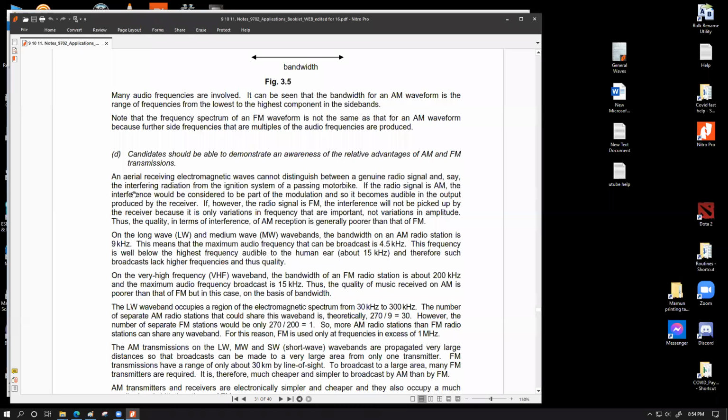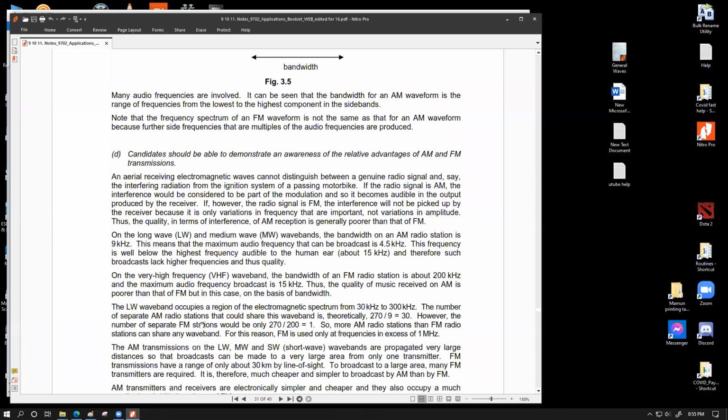So using FM will not be affected by that interference. So FM gives us more noiseless sound or more perfect sound, whereas AM gives us more noisy sound. Static is more.